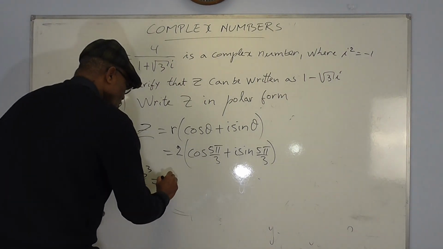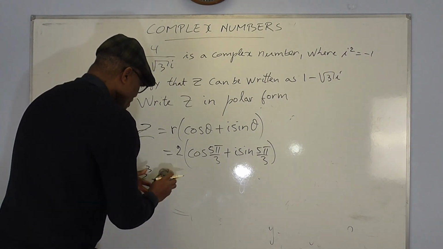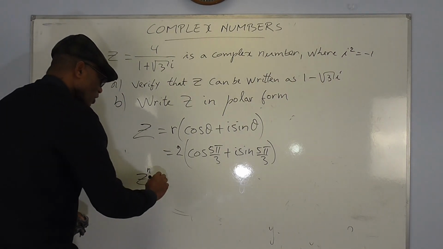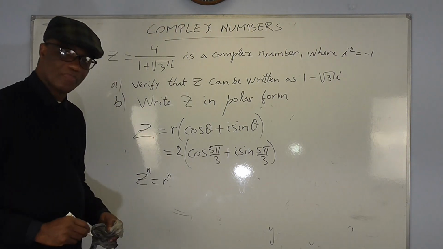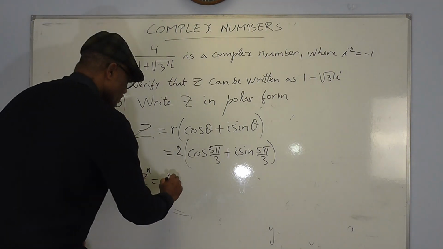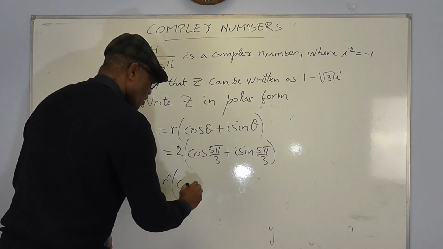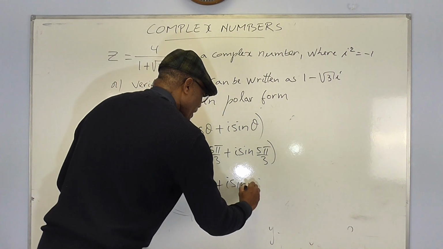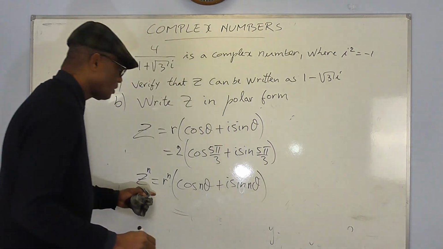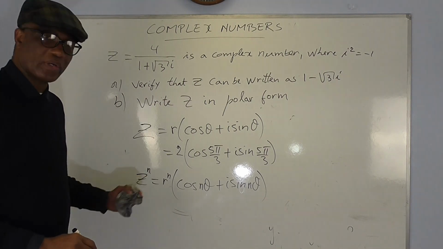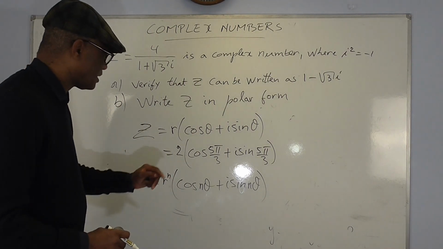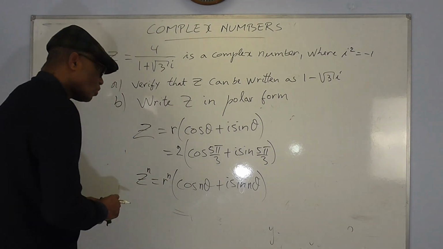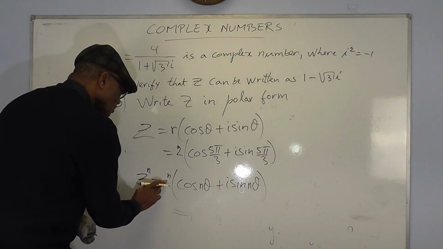Remember, the Moivre theorem says r to the power n multiplied by cos of n theta plus i sine n theta. Now to write Z with power 3, I just replace the modulus.